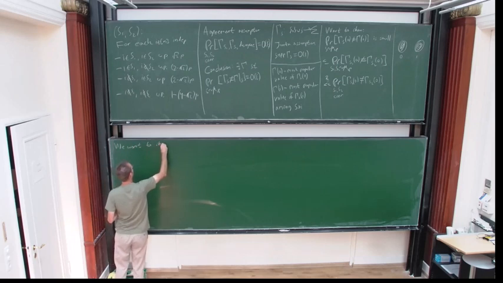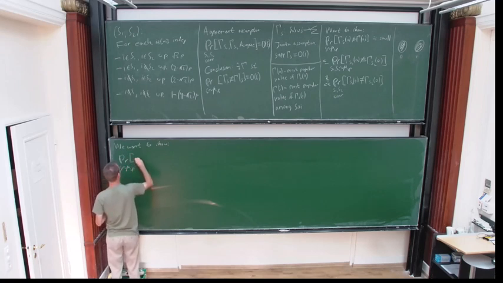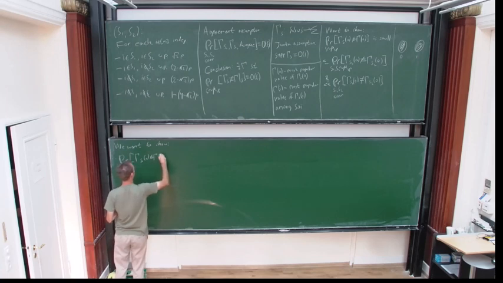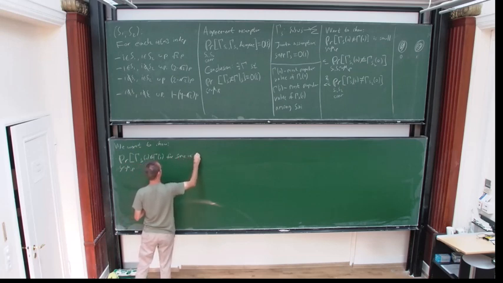So let's first state what we want to show. What we want to show is this probability, when we sample just S according to mu2p, that gamma S of I is different from gamma of I for some I in S. We want this probability to be small, to be order epsilon.